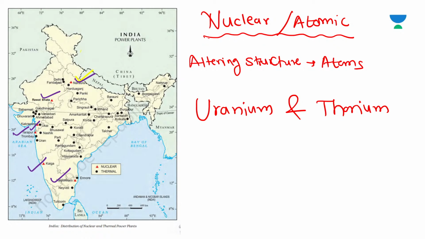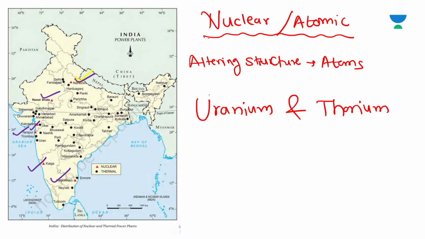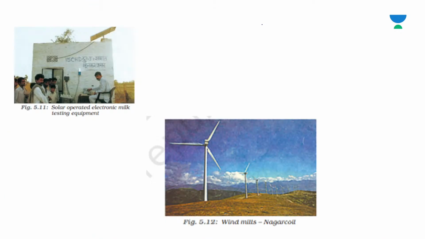So India is a tropical country. It has enormous possibilities of tapping solar energy.